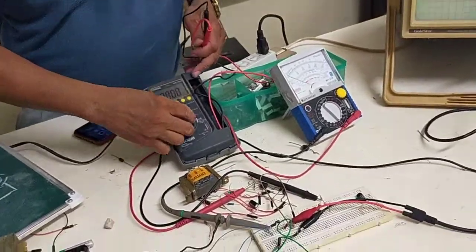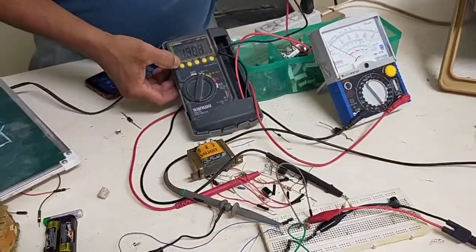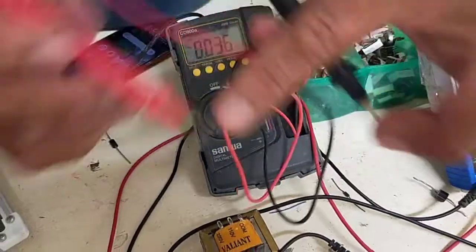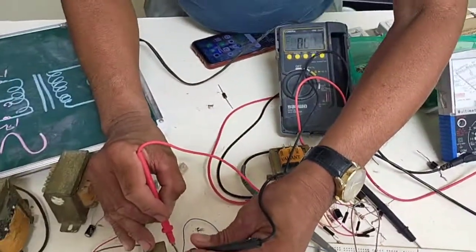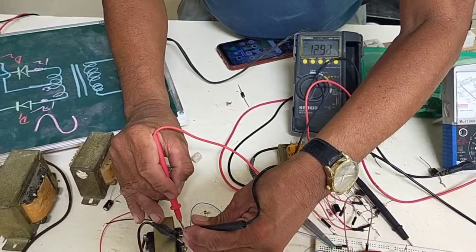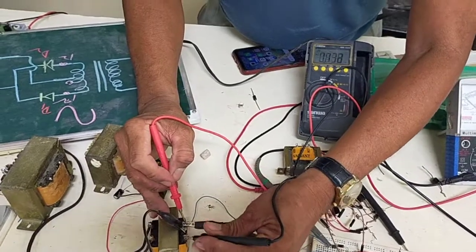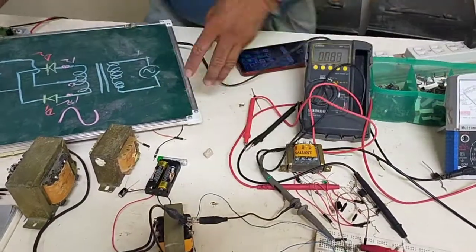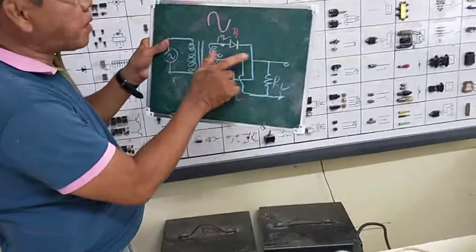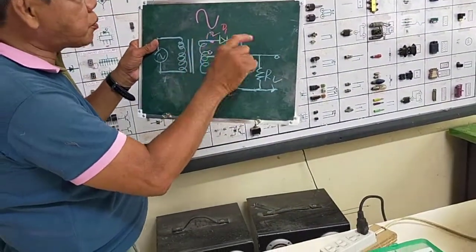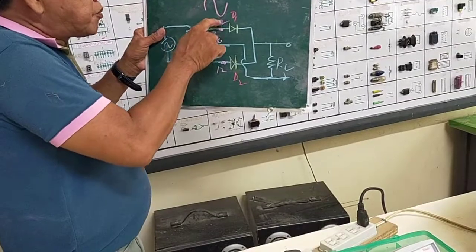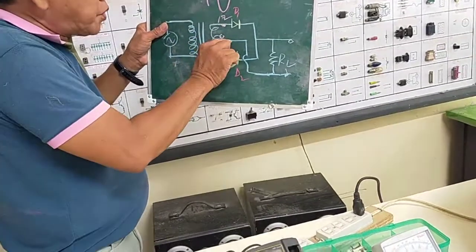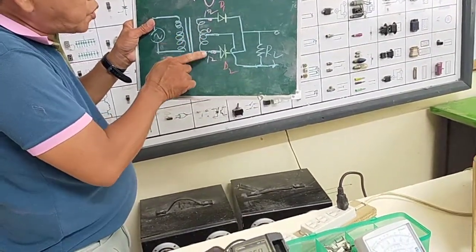Using an AC voltmeter, measure the voltage here. It is 12 point something. Measure the voltage here. It is 12 point something. So, split power supply. Dual output because there is output voltage from 12 to 0 and another 12 point something voltage from 0 to 12.